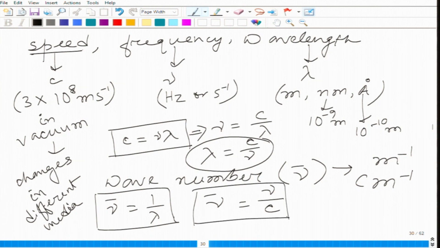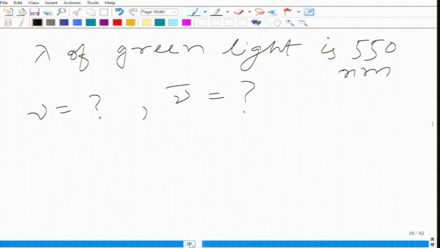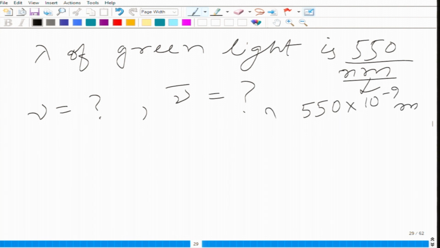So with these relations we had started one numerical. The wavelength of green light is suppose 550 nanometer. What will be its frequency and wave number? This is the wavelength, 550 into 10 to the power minus 9 meter.